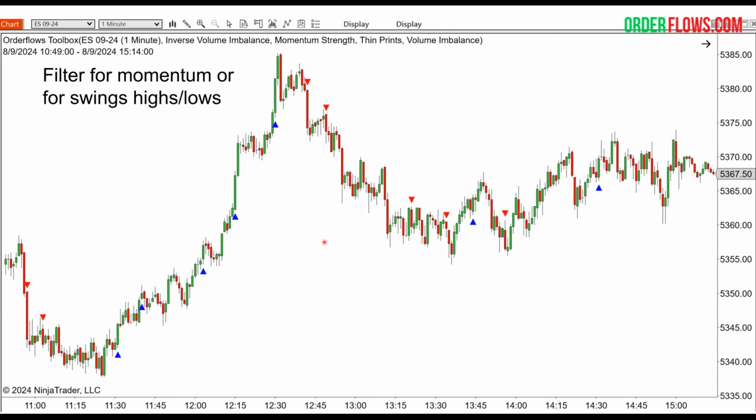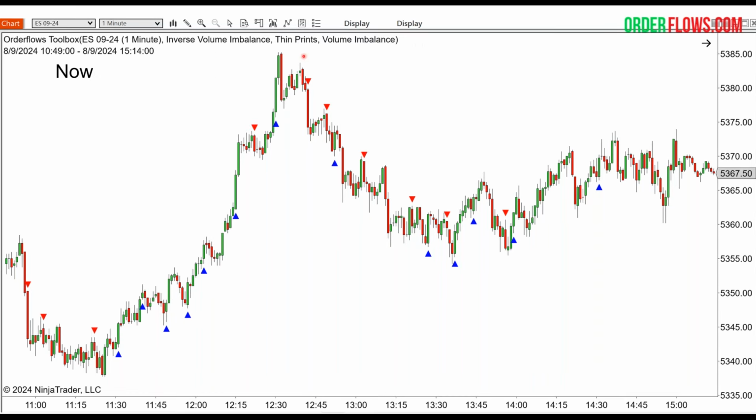Because look at this. This is the same setting, inverse volume imbalance, thin prints, volume imbalance as this one, but there are some bad trades in there. Well, why? Because some of these aren't necessarily meant to be reversals. So if you can filter that out and say, I want to use the momentum tools when there's momentum in the market.